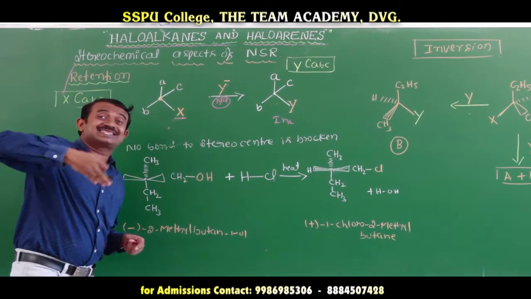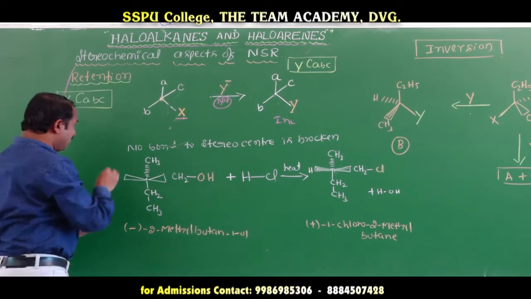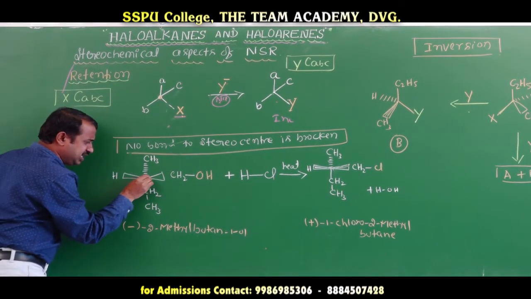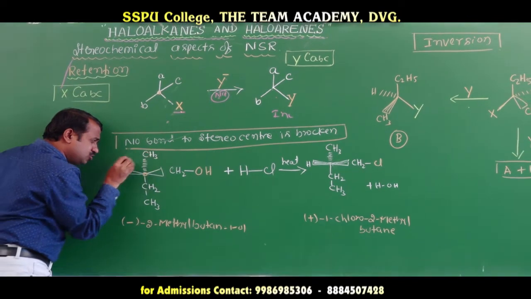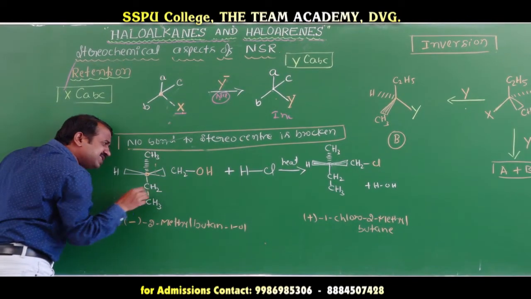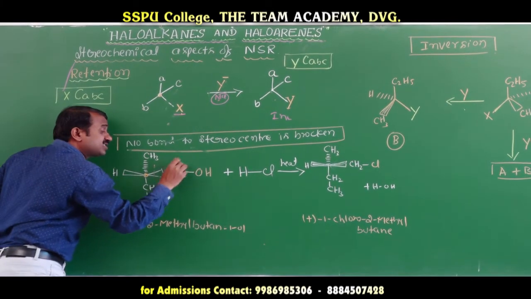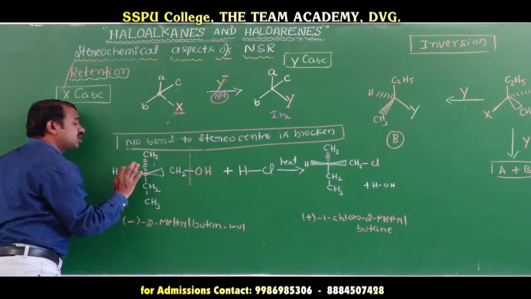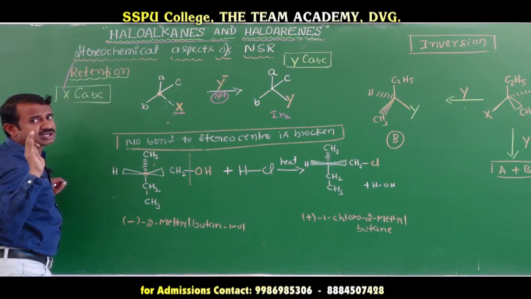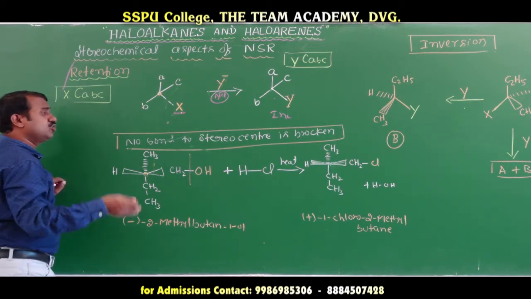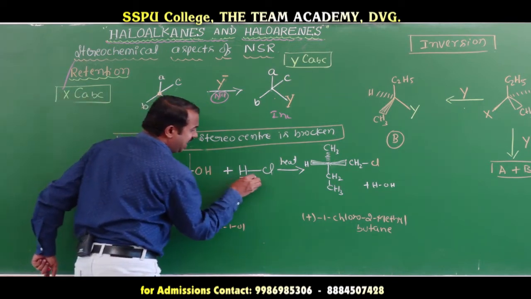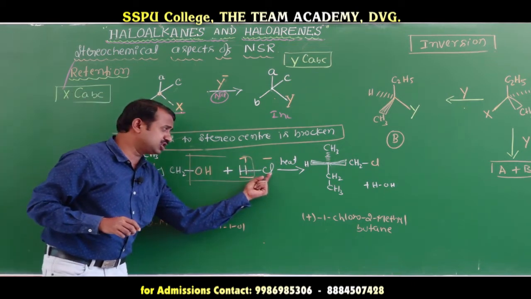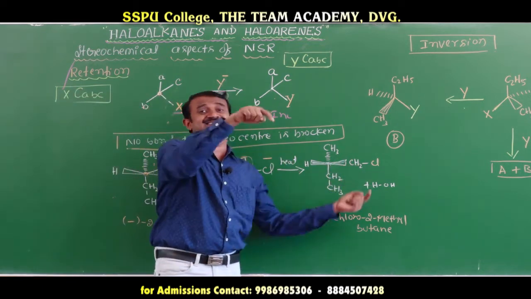The C-X bond is cleaved. But if the cleavage is at the C-O bond, next to the stereogenic center and not at the stereocenter itself, the stereocenter carbon is not cleaved. In that type of nucleophilic substitution, with elimination of water, the chloro compound is attached in the same direction, which is retention of configuration.